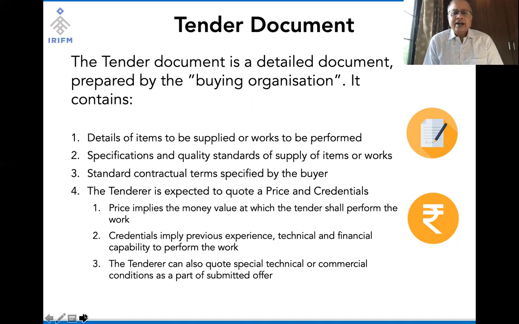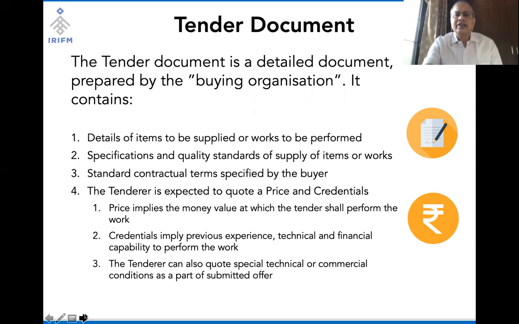Now, a tender document essentially contains details of items to be supplied or work to be executed, right? Specifications and quality standards of the items which have to be supplied or works which have to be performed. It also has standard contractual terms. And in railways, the standard contractual terms are often called GCC, General Conditions of Contract.